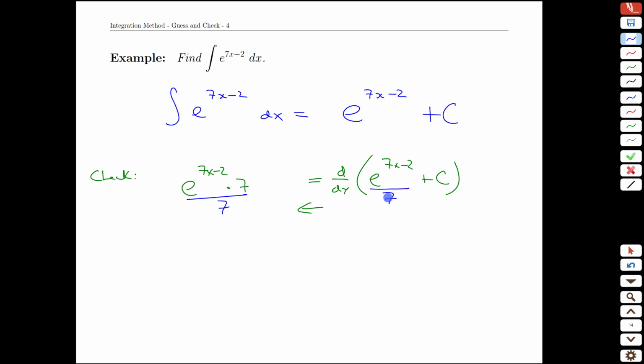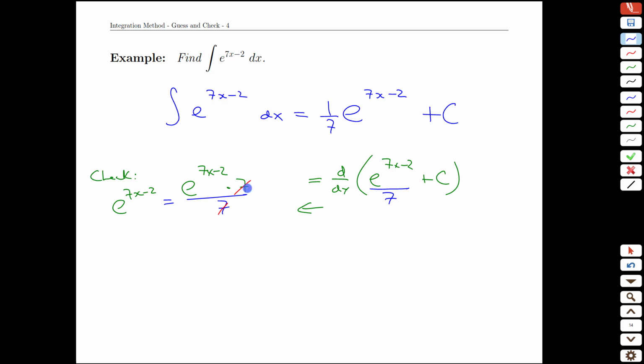If we have 1/7 of this and we differentiate it, the 7s will cancel, and we would get back to e to the 7x minus 2. And these are the same, therefore we have the right answer. So copying this as our full antiderivative now, the integral of e to the 7x minus 2 is e to the 7x minus 2 times a seventh plus some constant.